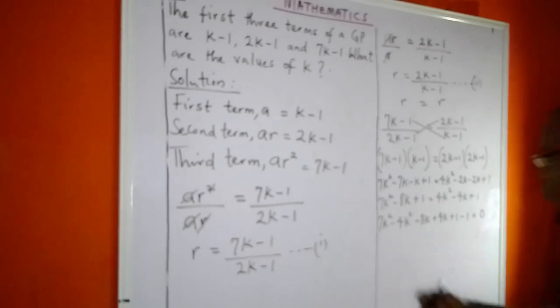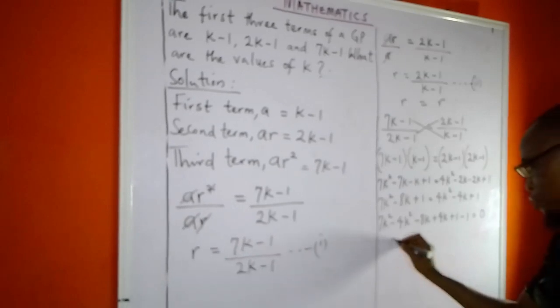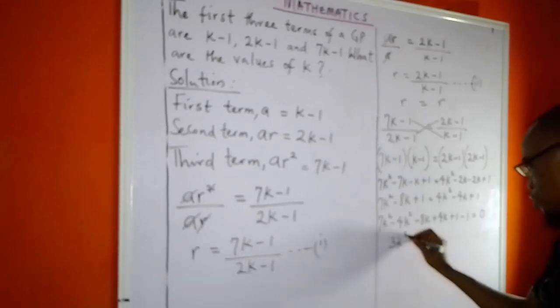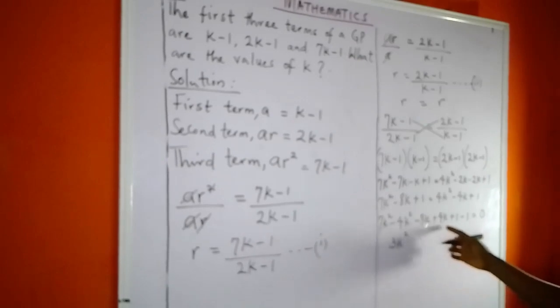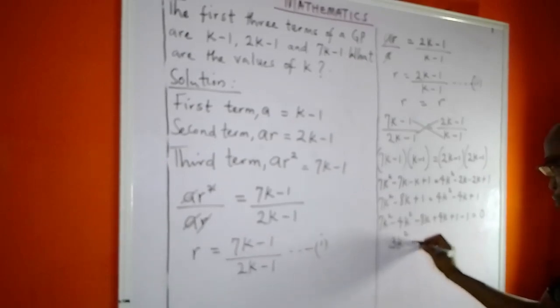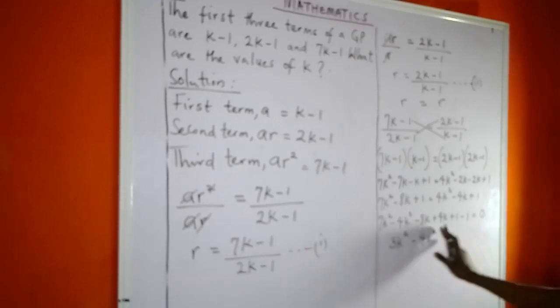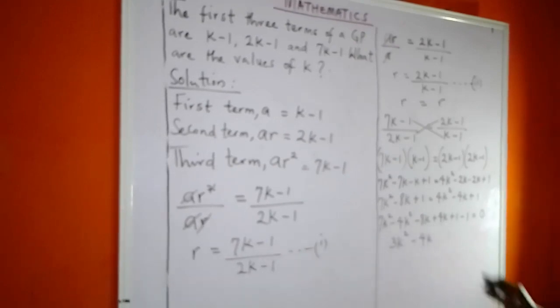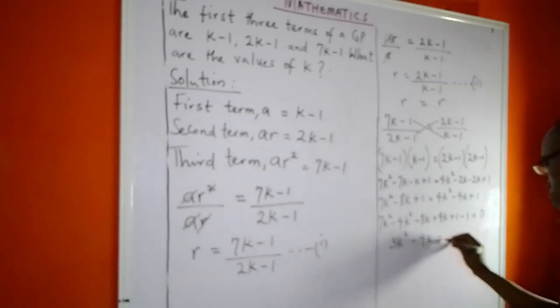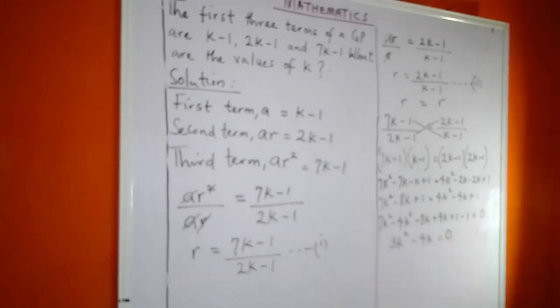Okay, so let's subtract 7k squared minus 4k squared, this will be giving us 3k squared, minus 8k plus 4k, that will be giving us minus 4k. Plus 1 minus 1 is 0. So that one is gone, so everything equal to 0.